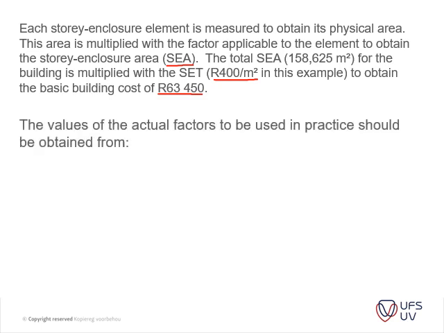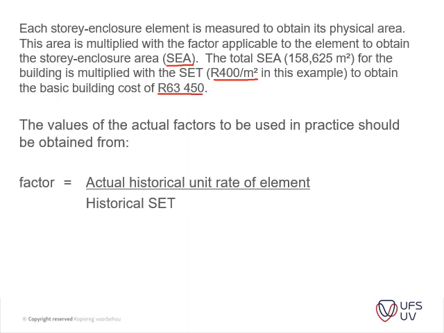The value of the actual factor to be used in practice is represented by the following formula. You have your actual historical rate of the element, and then you divide it by your historical enclosure tariff.